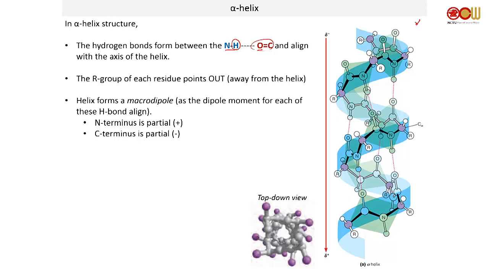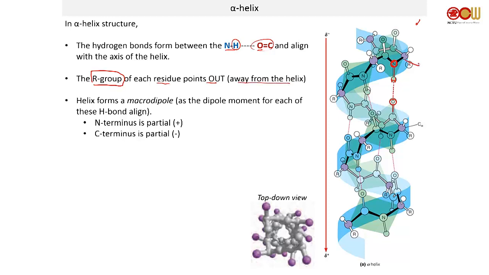So a general structure. As you can see, this is the amino group, that's a hydrogen. The hydrogen is going to pair with the carbonyl of another amino acid down the road. What you also notice is that the R group of each residue points out, meaning away from the helix.